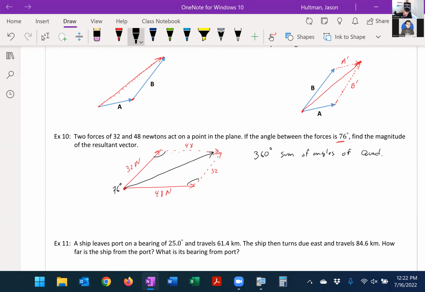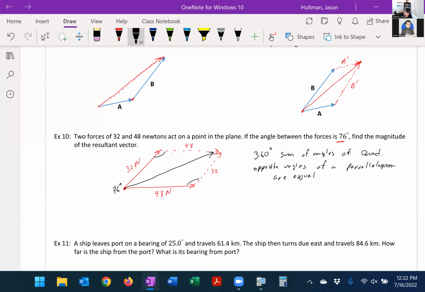Okay, they're going to all add up to 360. But I also know that opposite angles of a parallelogram are equal.